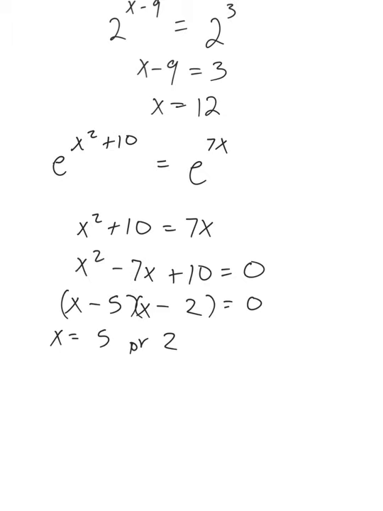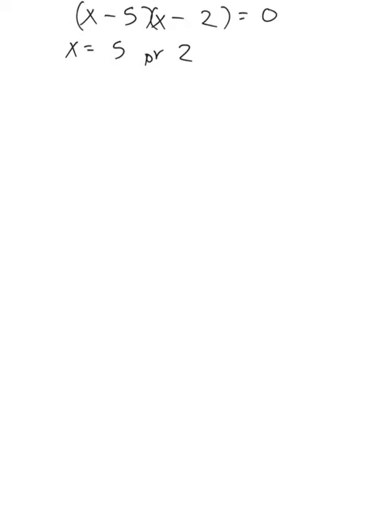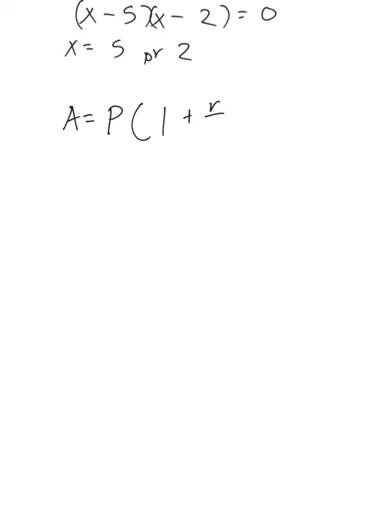Continuing on with the ideas of exponential functions, now we want to get into what I like to call the banking system, the loan banking, the money system. The formula we want to have in our minds is A equals P times 1 plus r over n, to the n times t.